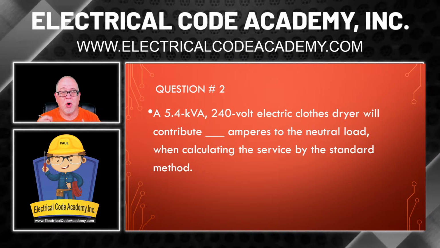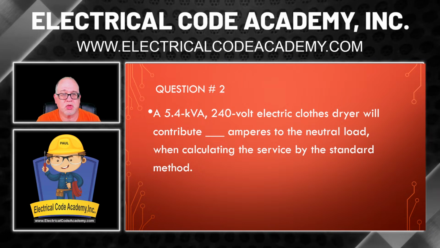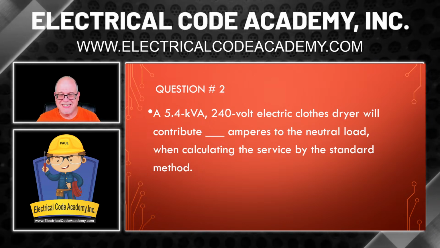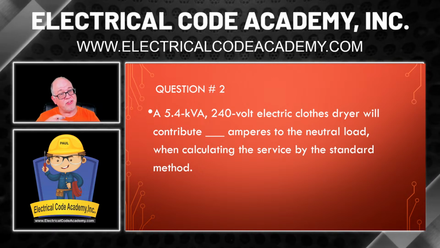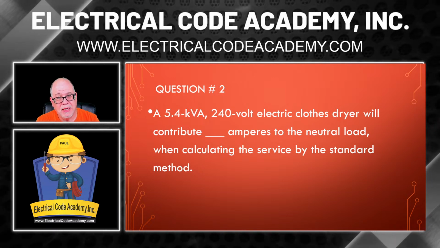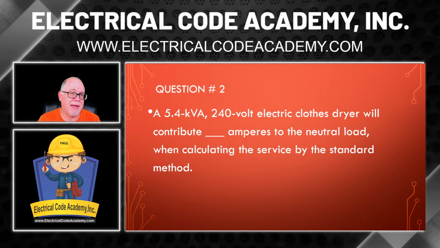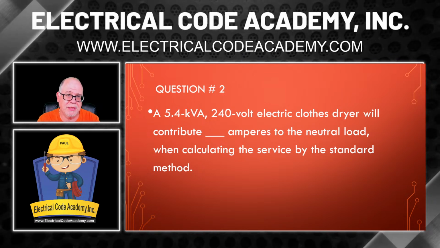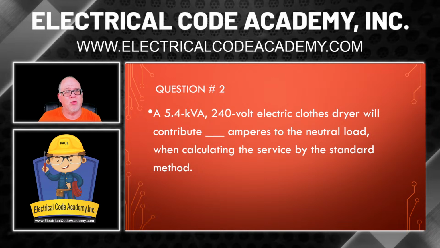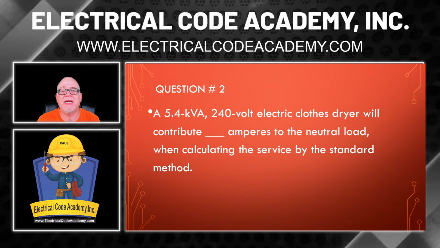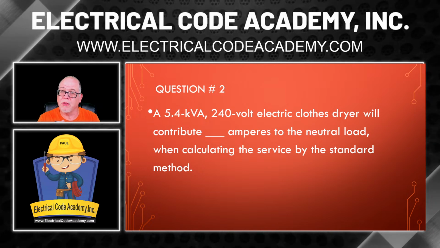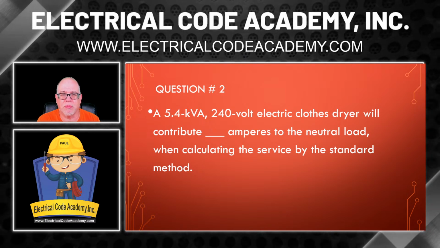Okay, so we know we're in the standard method, so we know we're going to be deep within Part III of 220, because that's where the standard method is. We also know that this is asking about neutral contribution, so there are rules that apply to that as well. And there's a percentage of demand that we can apply to the value in order to get our contribution.